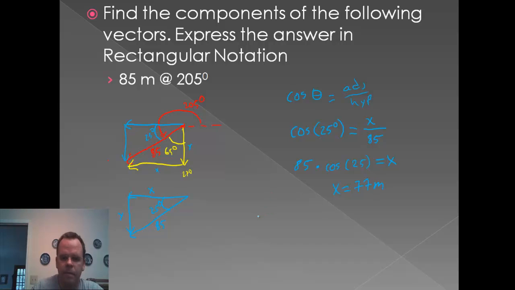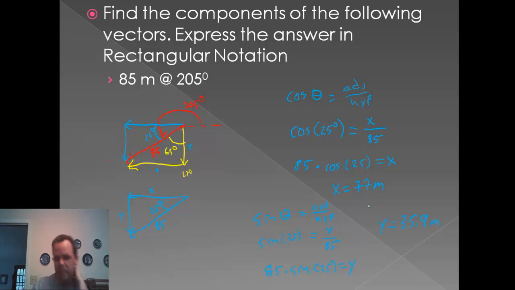For the y, I'm going to use sine. Sine of the angle equals the opposite over the hypotenuse. So the sine of 25 equals y over 85. 85 times the sine of 25 equals y. Y in this case comes out to 35.9 meters.